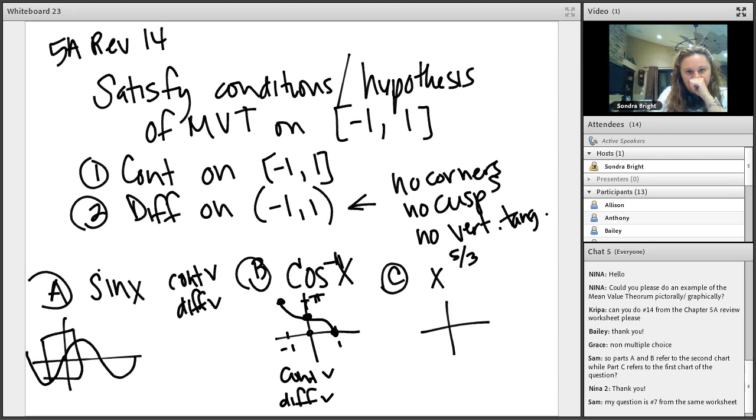Well, I know at -1, I'll be at -1. I know at 0, I'll be at 0. And at 1, I'll be at +1. What I really need to know is what happens in between, though. It looks something like that. This guy is continuous and it's differentiable.